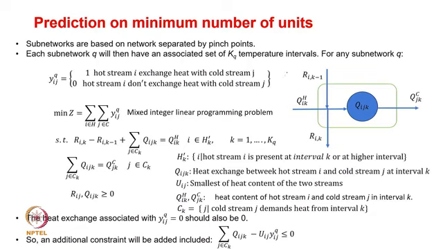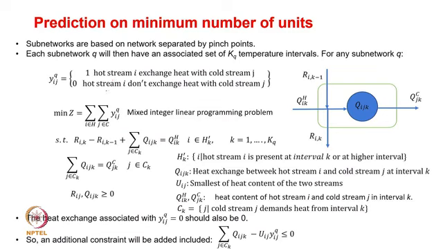For any subnetwork Q, we define a variable y_ijq which becomes 1 if hot stream I exchanges heat with cold stream J, and 0 if hot stream I doesn't exchange with cold stream J. If hot stream I exchanges heat with cold stream J, it essentially means there is a connection, that you are bringing in a heat exchanger.